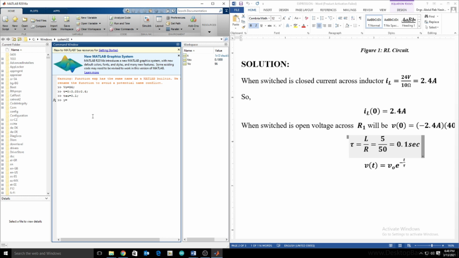Let's write our expression, which is basically V naught into exponent minus t upon tau.